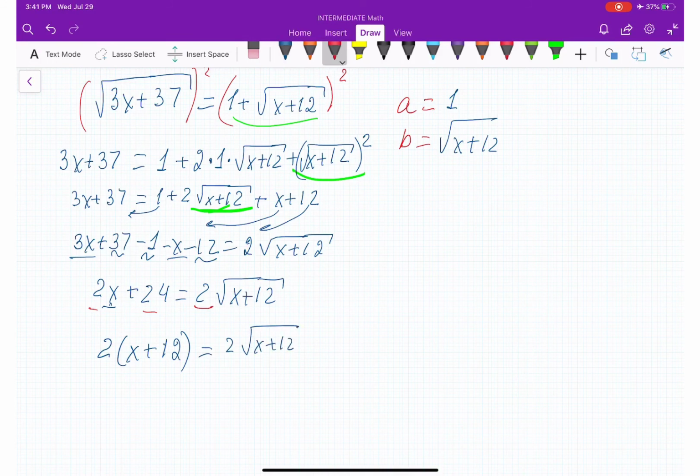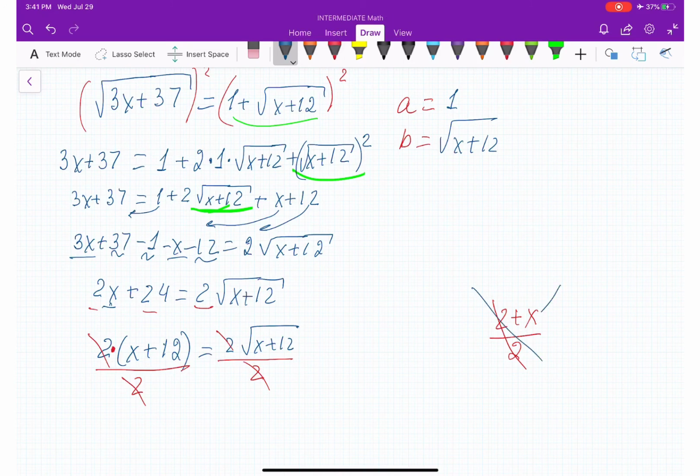Let's divide by 2, both sides. This 2 is gone with this 2. I can cancel this 2 with 2 because it's multiplication here. If it would be addition, let me tell you, it's a very common mistake. If you have 2 plus x over 2, you never dare to cancel like this.